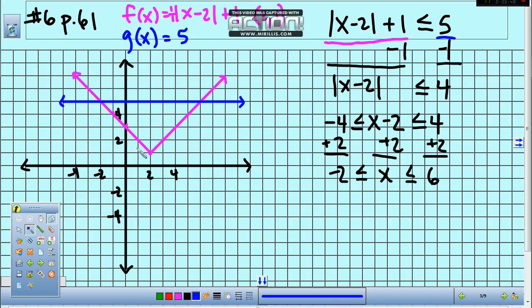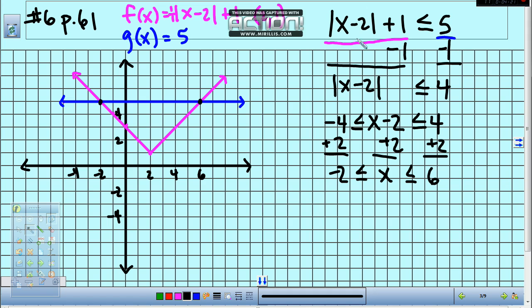All right, with the graphs, let's look at the points of intersection. Here x is negative 2. And over here, the x for this intersection is positive 6. Now let's go back and look at the functions f of x and g of x. This is f of x, and this part is g of x. We would say that f of x is less than or equal to g of x.